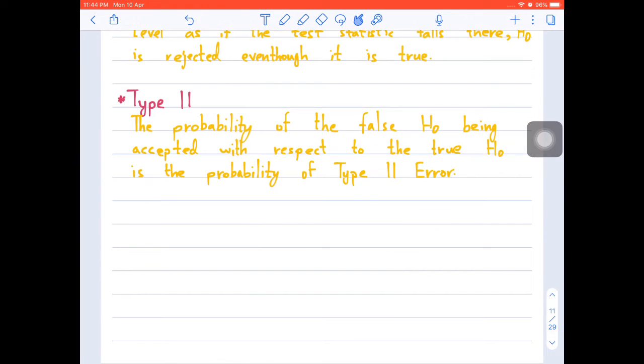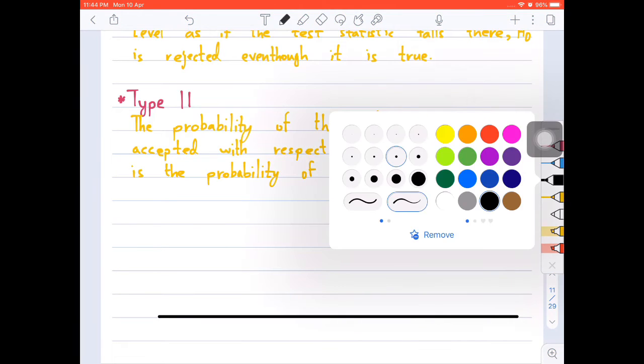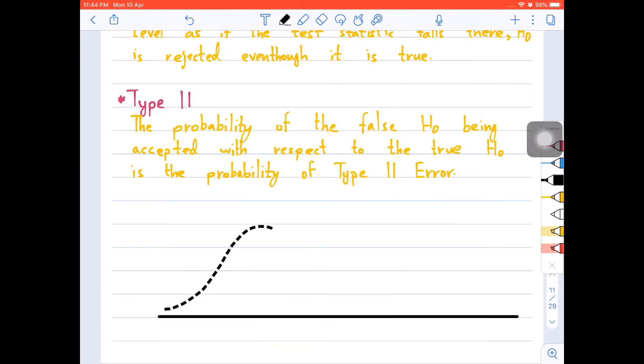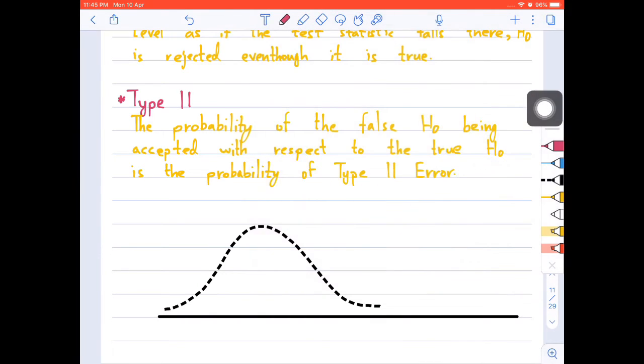For example, if I just explain it briefly. This was the graph initially, and the mean of this was H0, but this was the false H0.